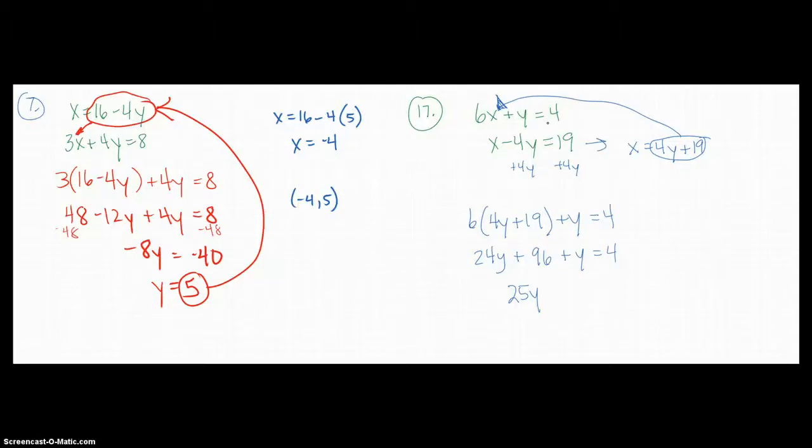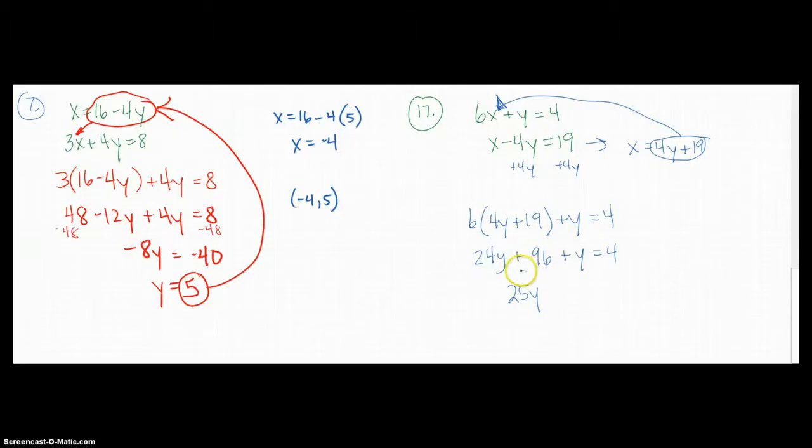On the original problem, it's minus 4y. So x minus 4y equals 19. 6x plus y equals 4. Yeah, it looks like we're going to get decimals here. Looking at the answer, okay, so that's what they wanted. I thought that they wanted this to divide evenly, but maybe not.